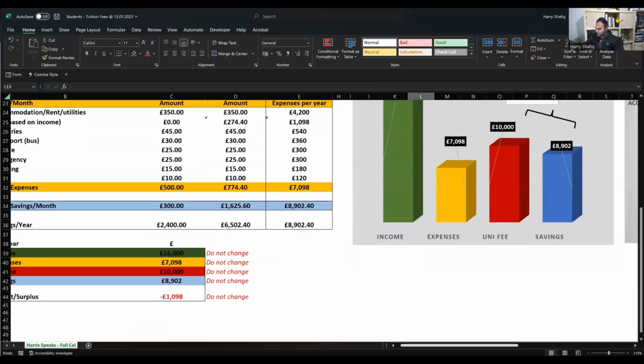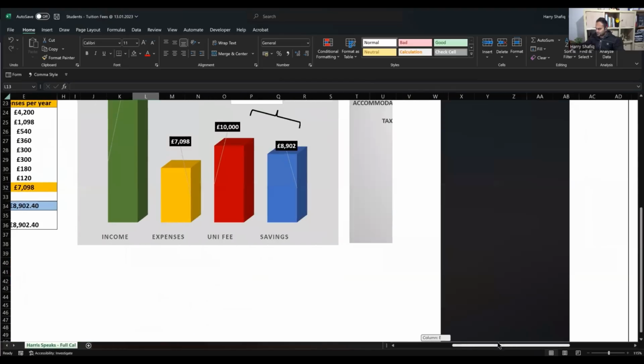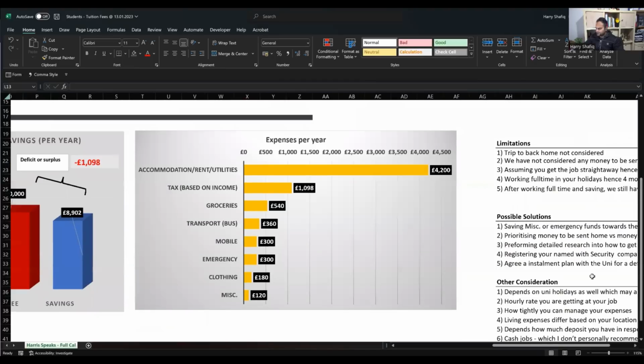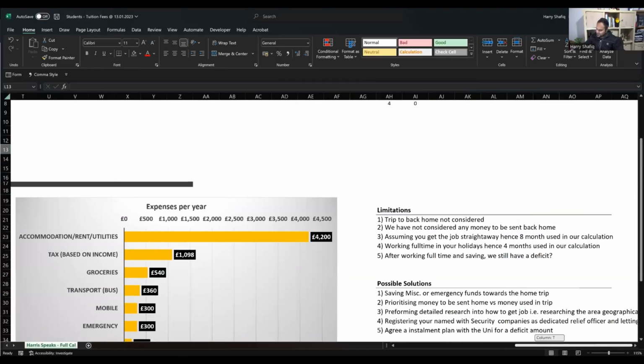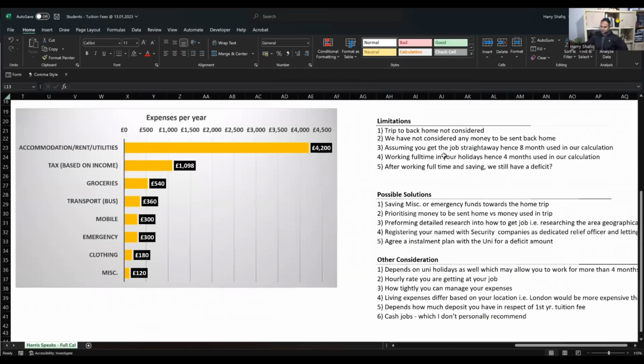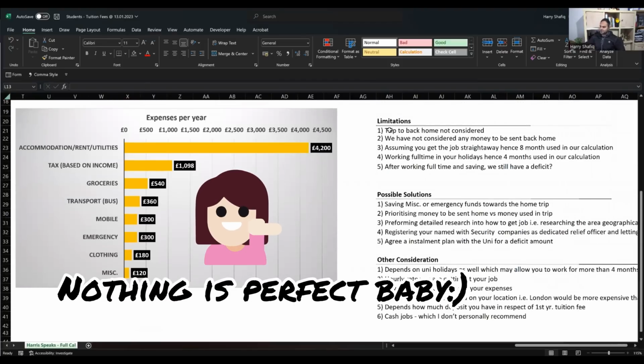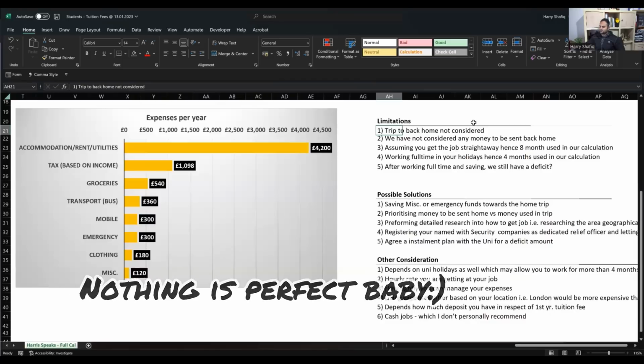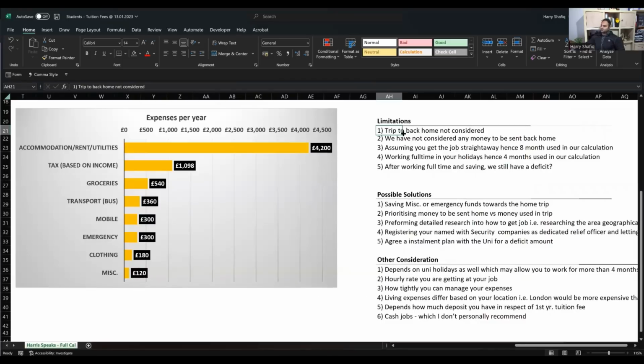Right. So now let's look at some limitations to this. Like I said, nothing in this world is perfect, so there are limitations. I have not considered any cost in relation to a trip back home. We have not considered any money to be sent back home.